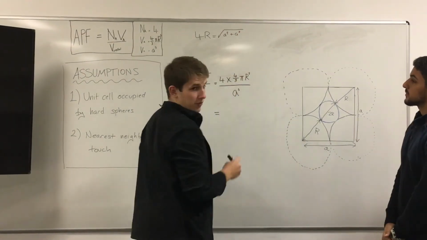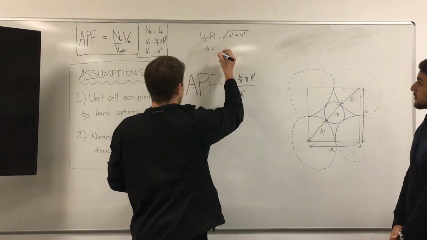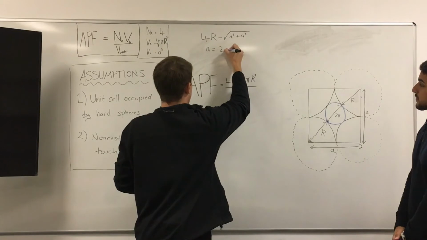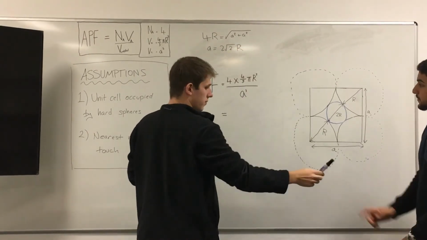Okay. And after a few lines of simple working, we find that a is equal to 2 times the square root of 2 multiplied by r. Okay.